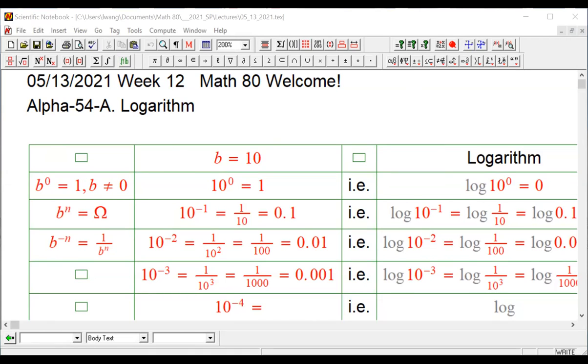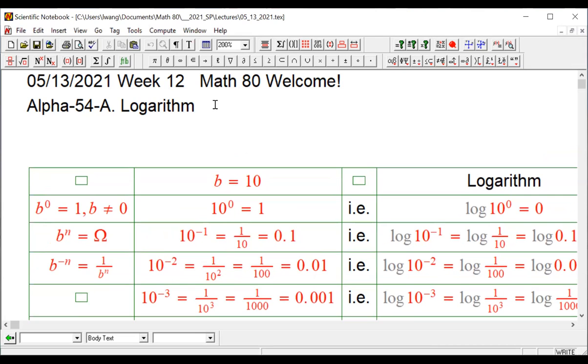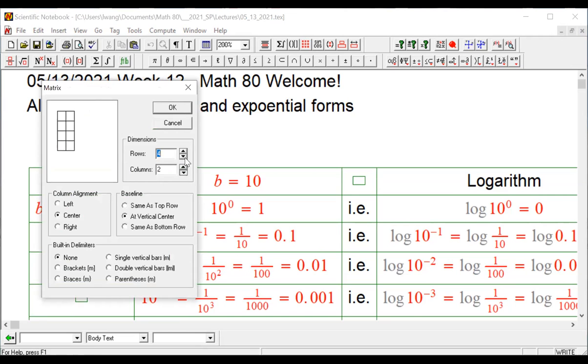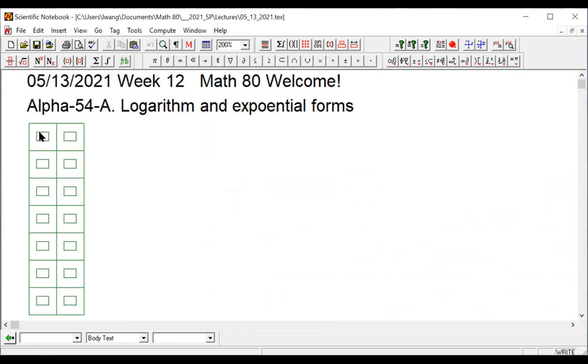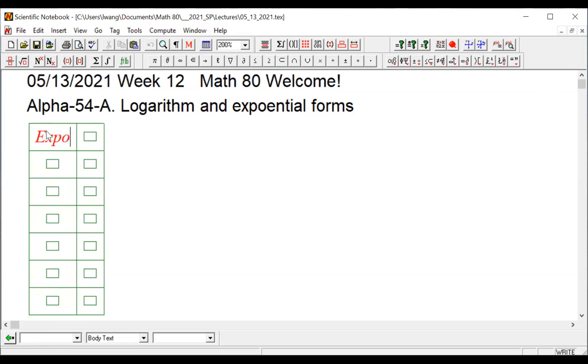Okay. So over here, what I'm going to do is pretty much regenerate the same table. The title of this is Logarithm and Exponential Form. We're going to have 2 columns and more rows.